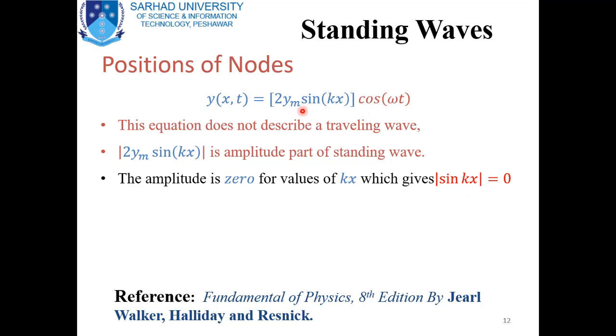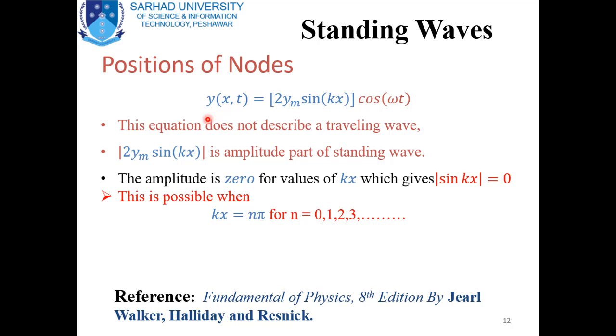This is only possible when kx takes values like n pi, an integral multiple of pi. If kx is an integral multiple of pi, then sin kx is equal to 0, the whole term is 0, and we have zero displacement of the resultant wave.